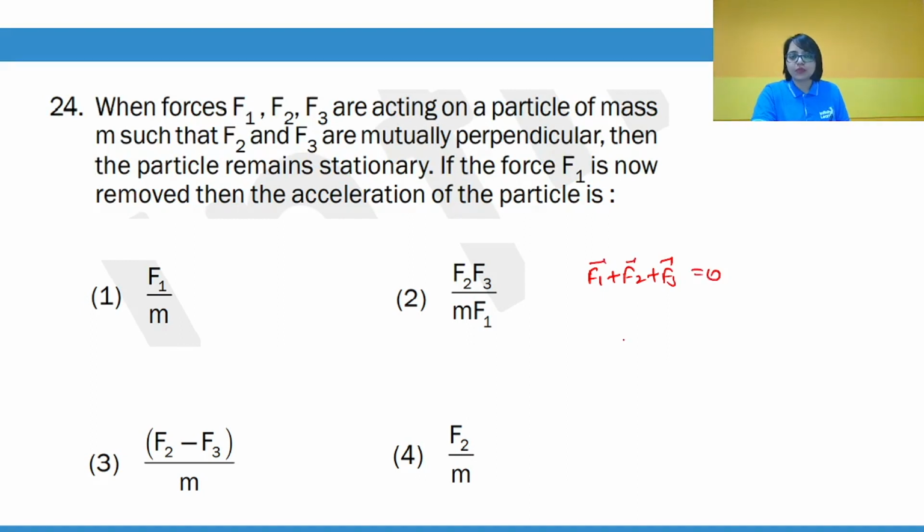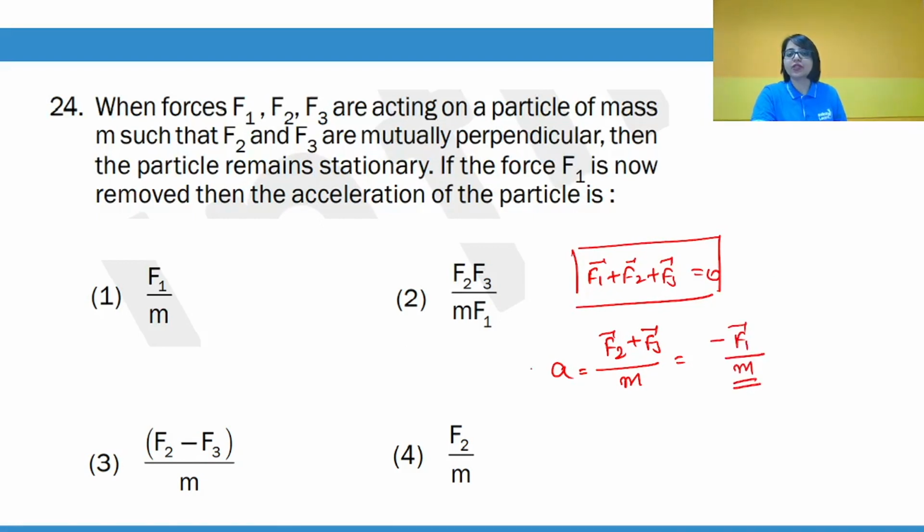Now if F1 is removed, net force will be F2 vector plus F3 vector, and divided by mass will give you acceleration. Using this equation, you can write F2 vector plus F3 vector as minus F1 vector. So it will be minus F1 vector divided by m. So magnitude will be F1 upon m, option 1.